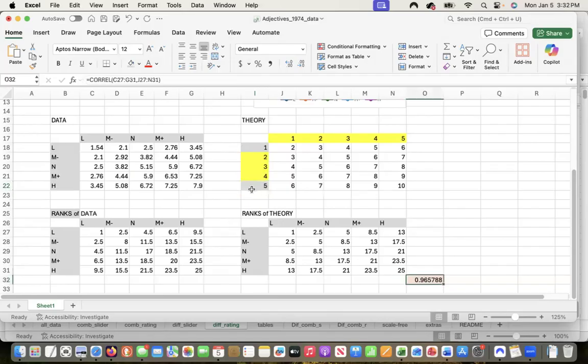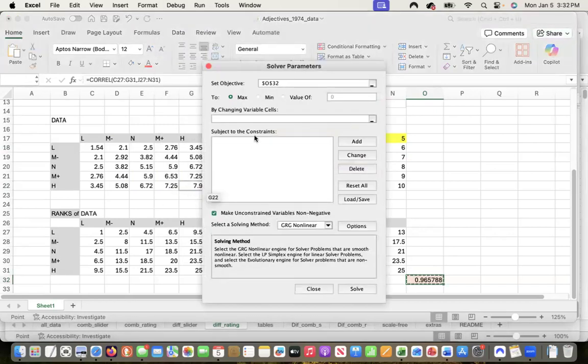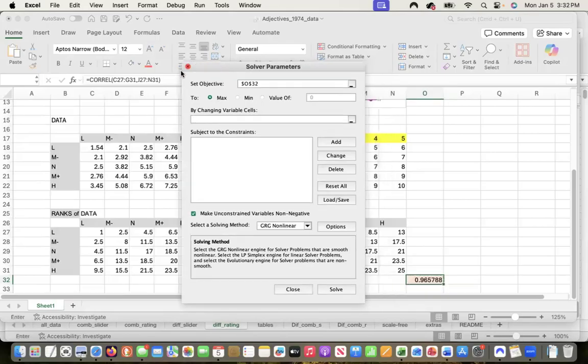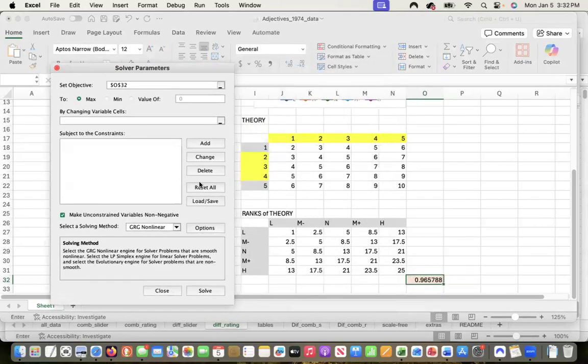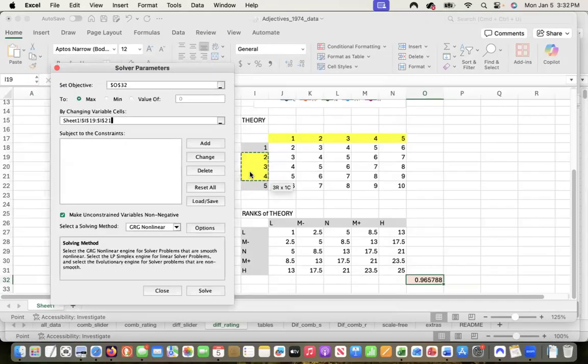I'll click on this cell that I want to maximize, and I bring up the solver. And so it's correctly identified the cell I want to work with. I want to maximize it. I'll click maximize, by changing these 3 numbers, I'll choose these 3 cells right there.